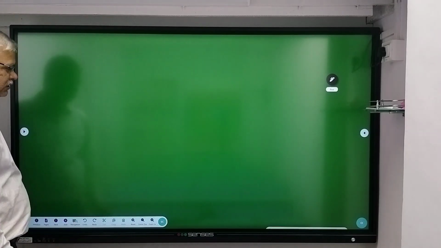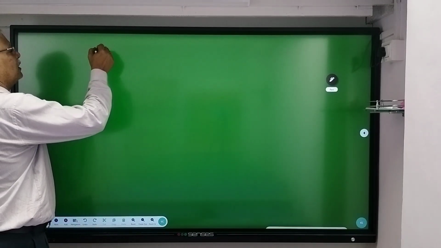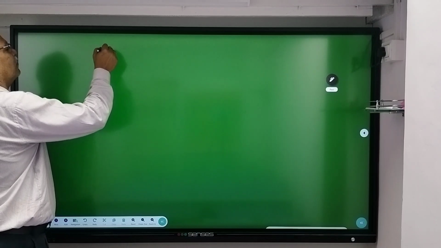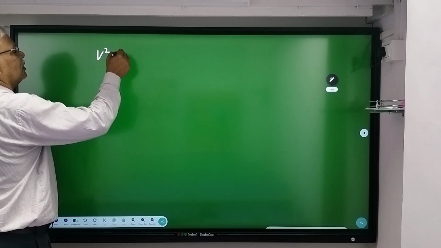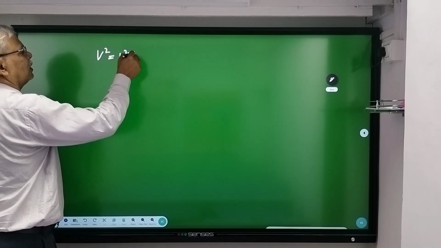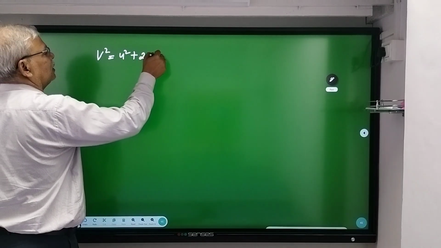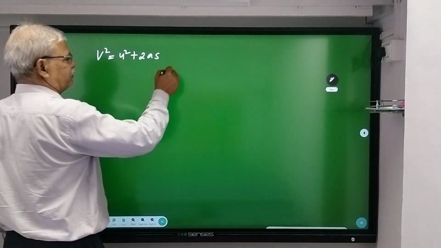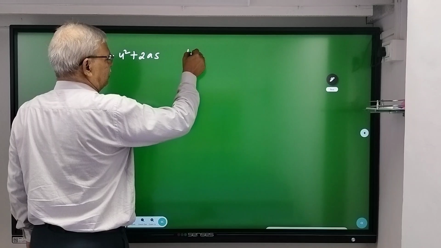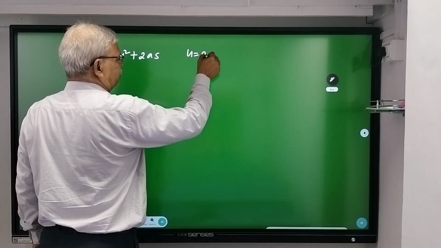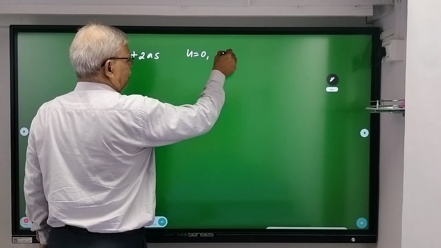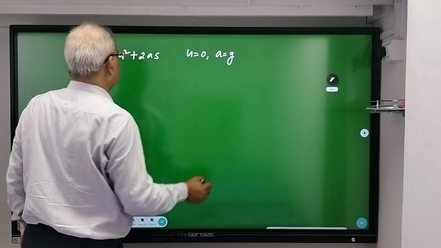Now the next, the third equation of motion, v² = u² + 2as. Here also we write u = 0, a = g.